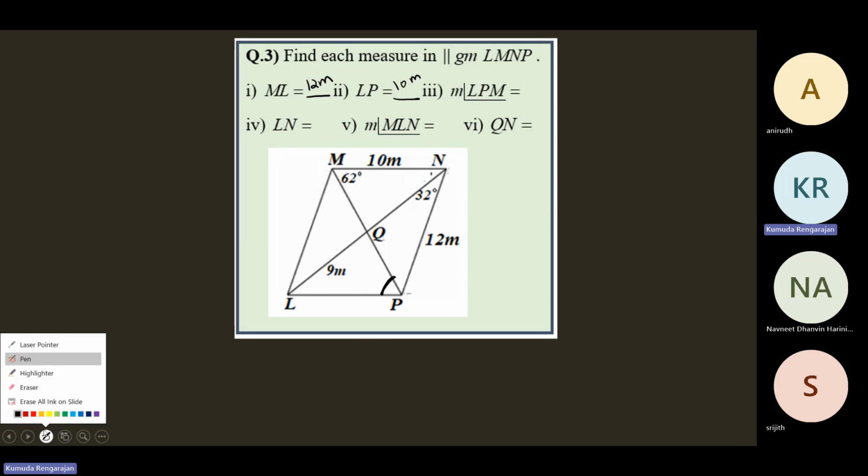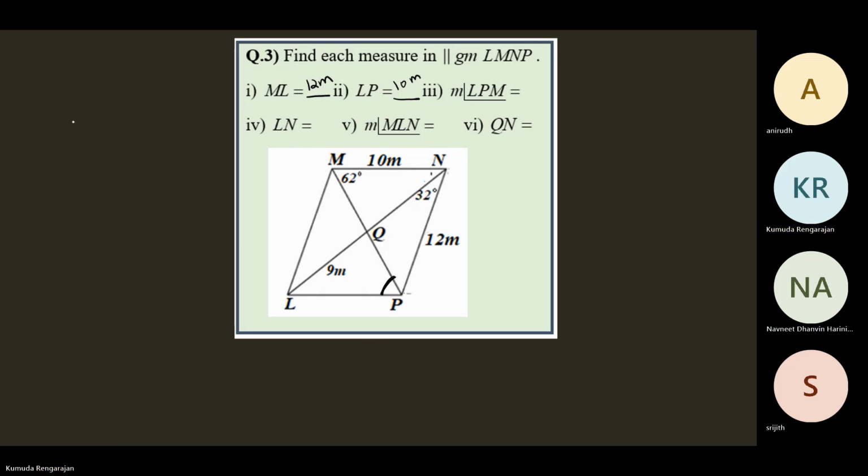Yeah, identify the parallel lines. ML, MP, NP and transversal LP.